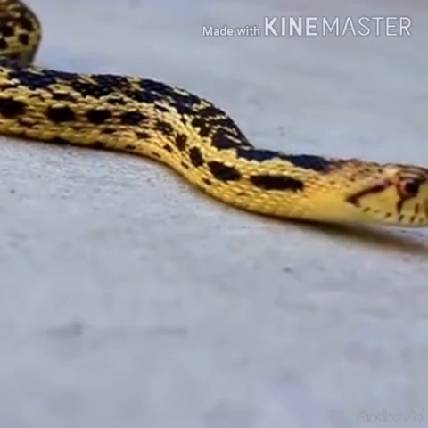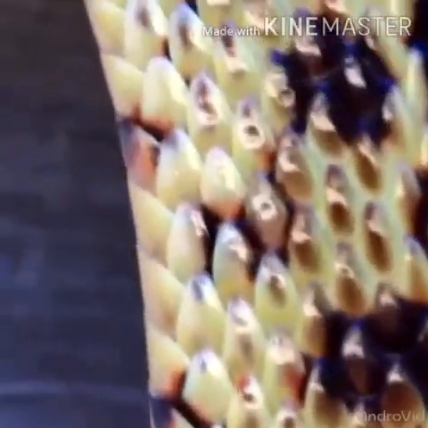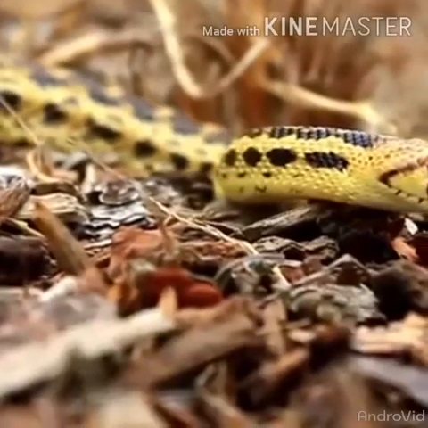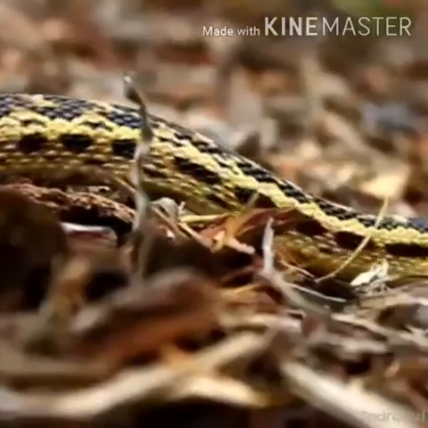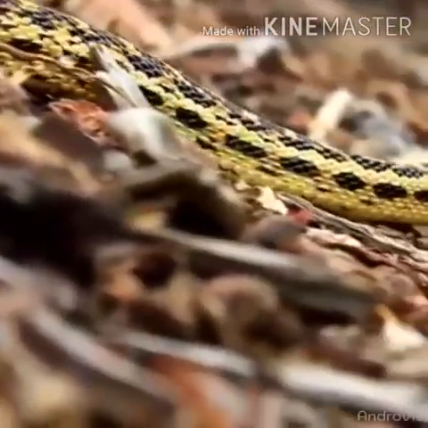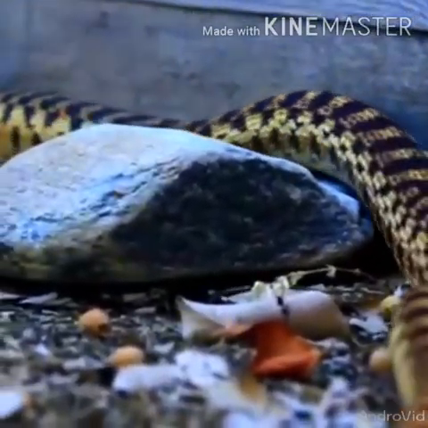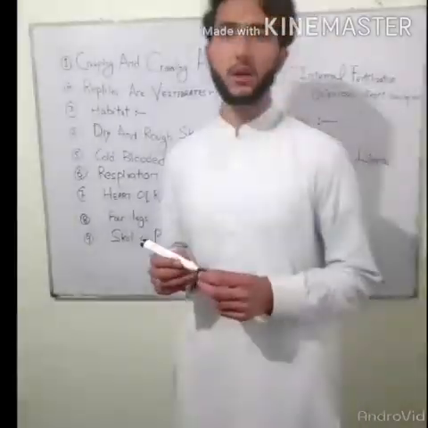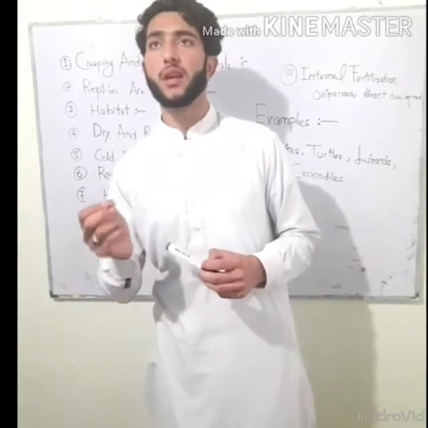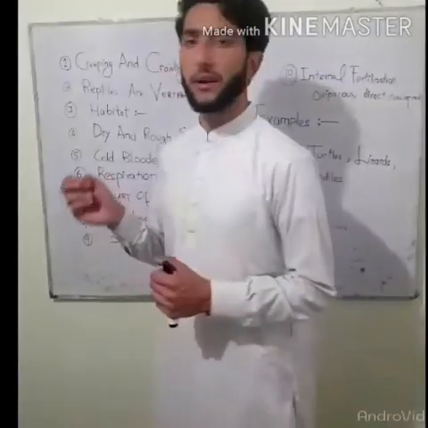So all reptilian animals have a creeping and crawling nature. What is meant by creeping and crawling? It means that reptilian animals move with a squirming or sidling motion. This is one of the main features of reptilian animals. There are about 6,000 living species in the world.